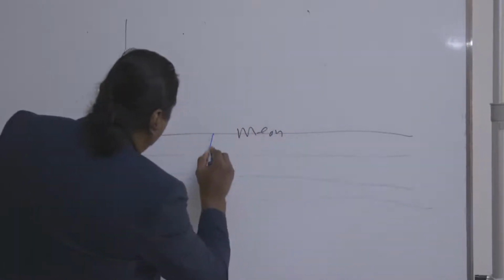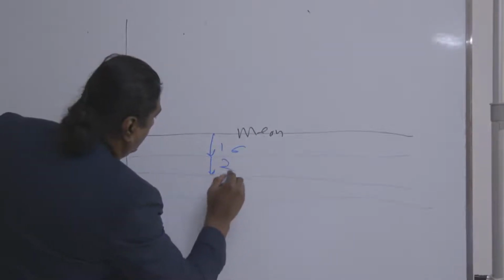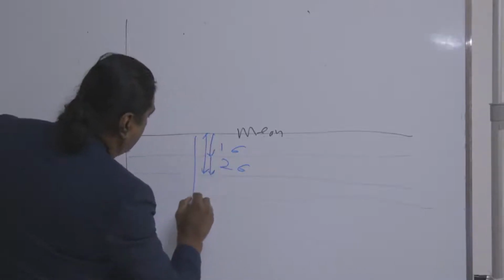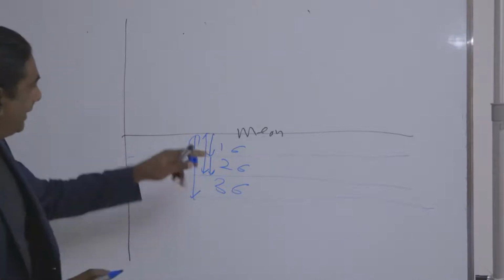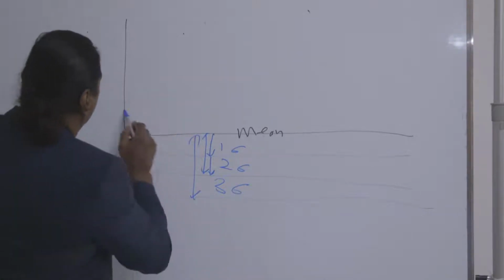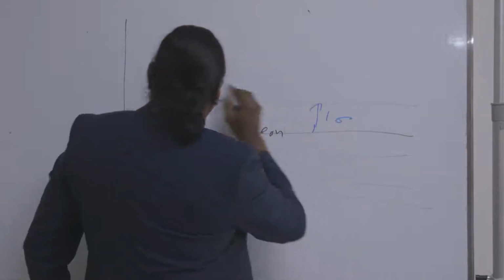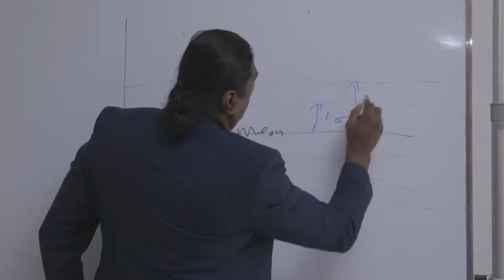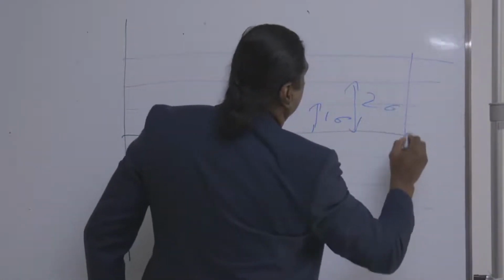That's 1 standard deviation, that's 2 standard deviations, and that's 3 standard deviations. You know this by now, okay? 1, 2, 3. The same above. 1 standard deviation, 2 standard deviations, and 3 standard deviations.